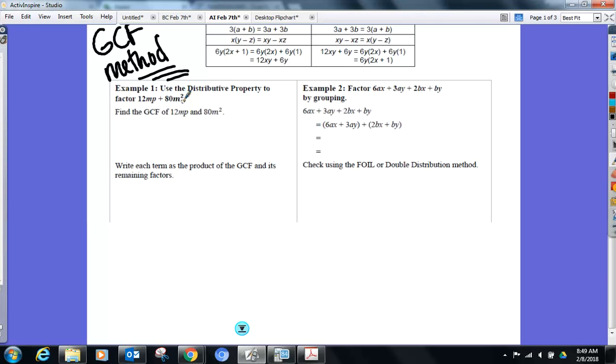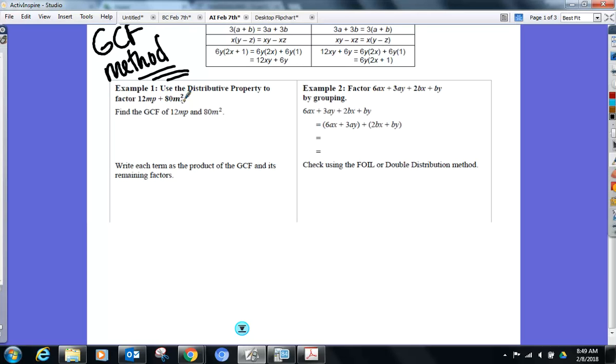Your job right now, and this is what you're going to practice in your group, find me the largest, the greatest. That's what G means in GCF, greatest. Greatest number that goes into 12 and 80 evenly. And be ready to report back here. Okay, don't yell anything out, just find it.